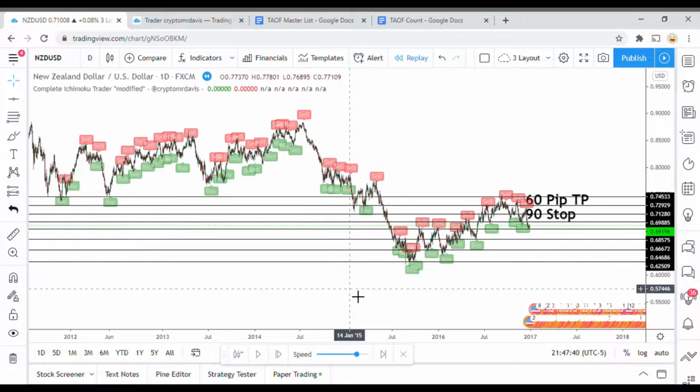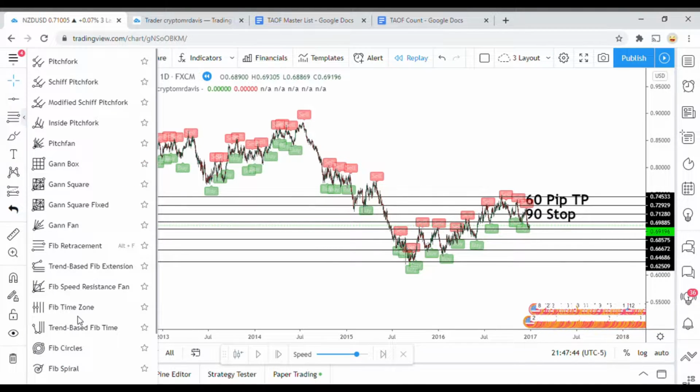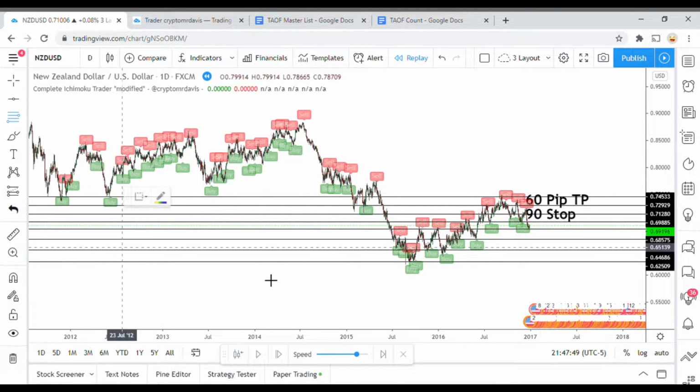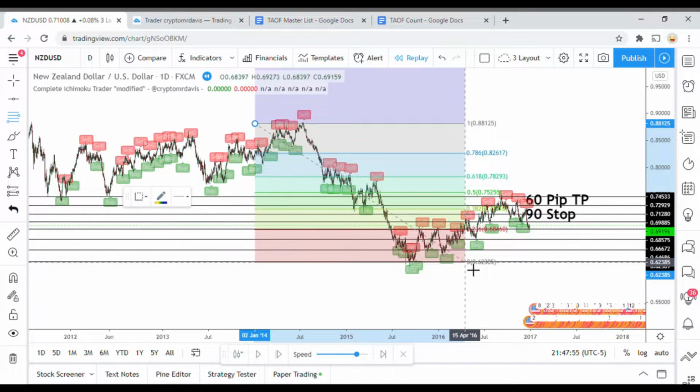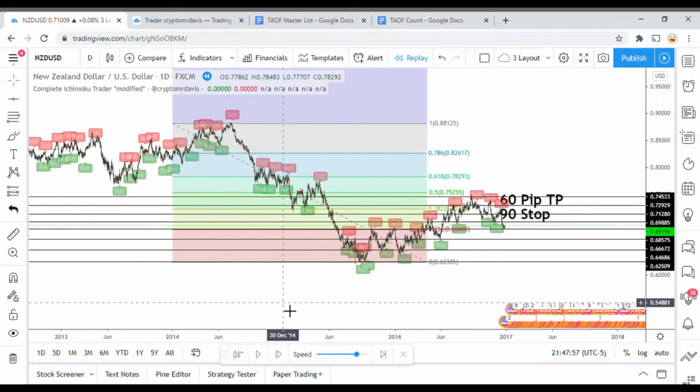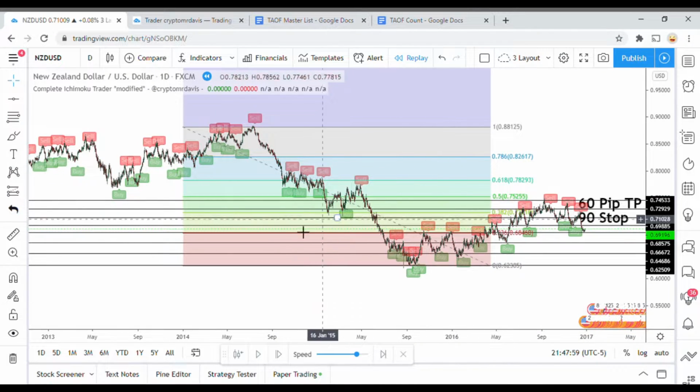Now, another thing that you can do is use Fibonacci retracement, Fibonacci levels, basically. So here is a Fibonacci retracement, for example. You can put this on screen like so, and then you can mark out the areas of Fibonacci support and resistance.